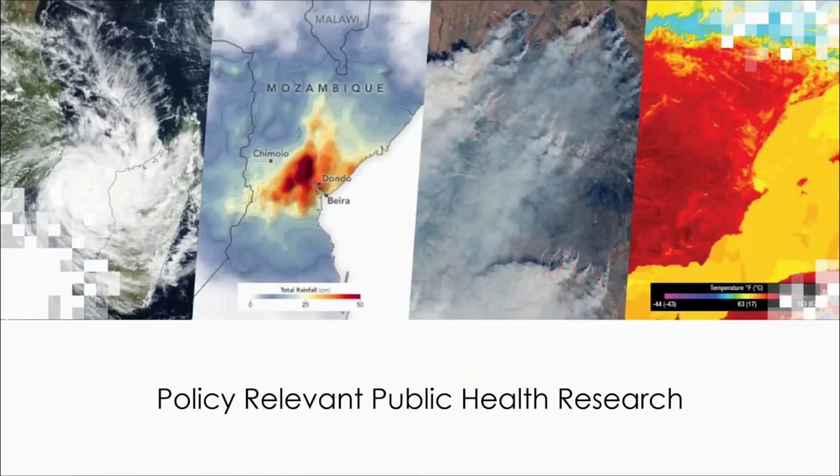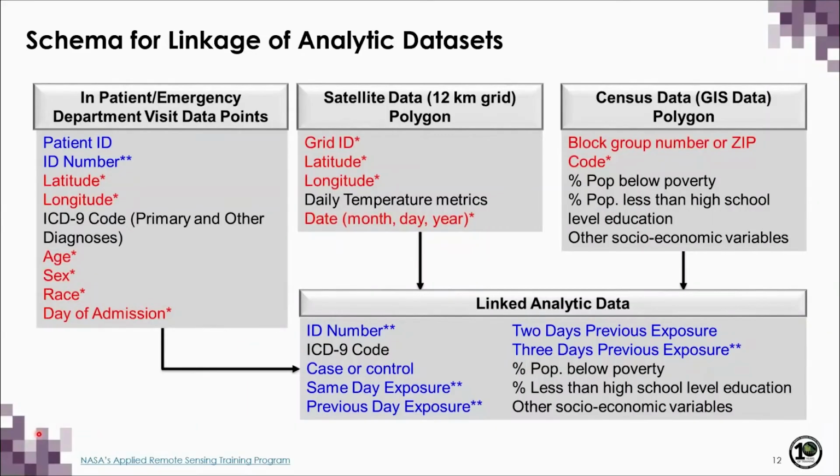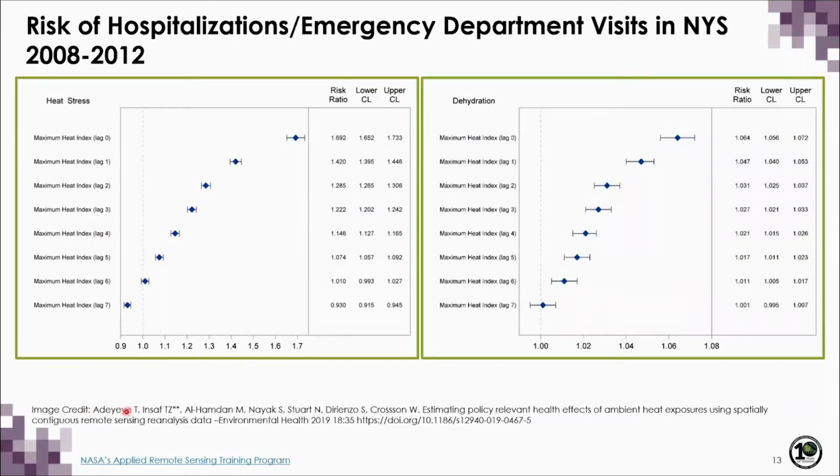All right. So the next section will highlight how we've used these data in research that has then led to enhancements of public policy. We used spatial or geographic linkage of health data sets to these air temperature data, and we also linked some census sociodemographic data. For more details, again, this was discussed in detail in our previous ARSET presentation, and I'm going to be presenting the results here.